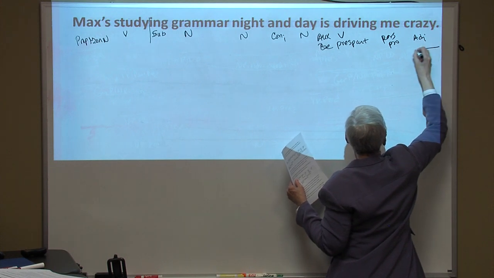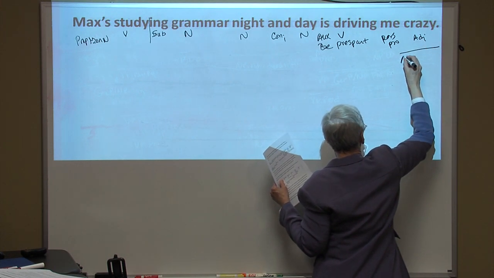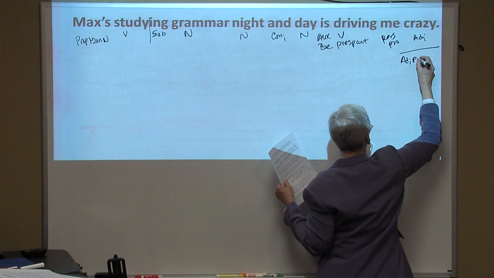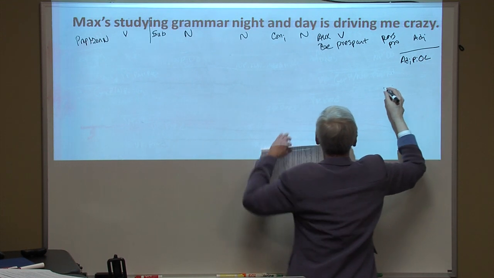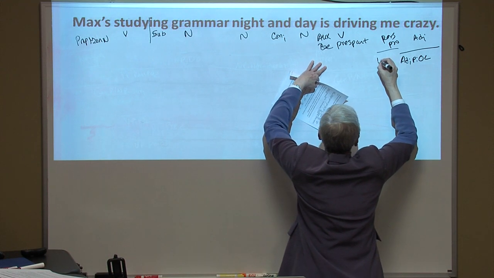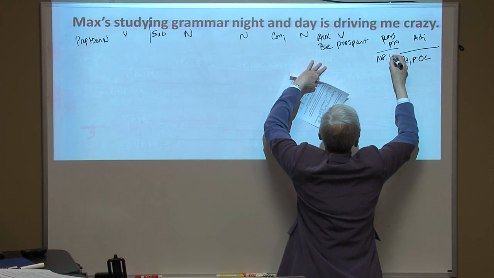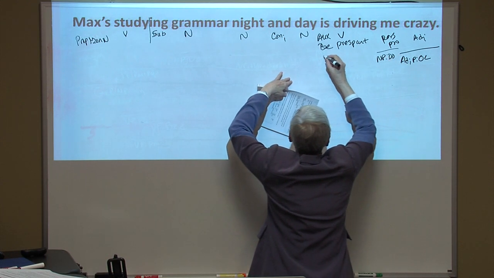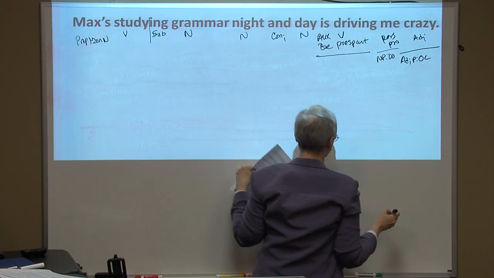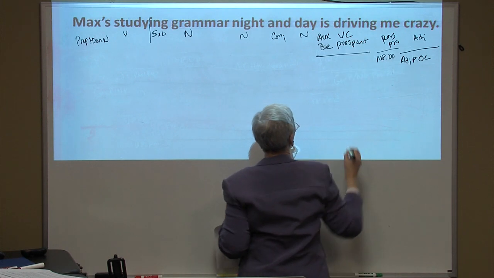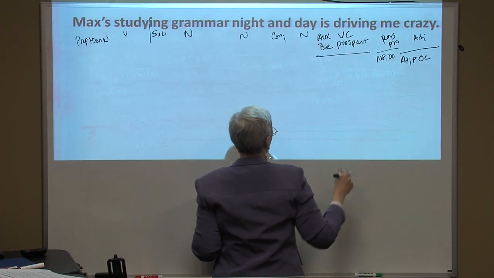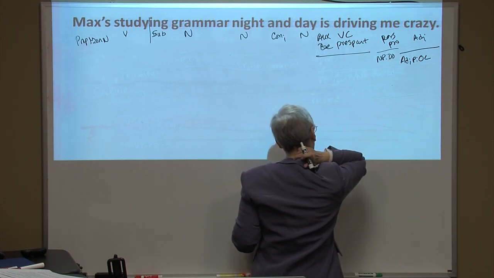All right, moving from right to left, crazy is an adjective phrase functioning as an object complement because me is a noun phrase functioning as the direct object of is driving. So that makes driving a VC, the two constituents in the predicate.